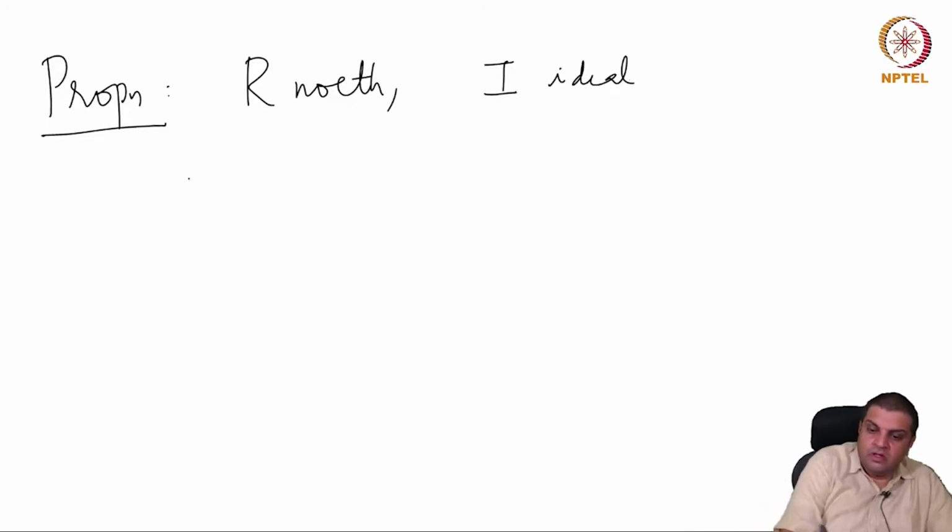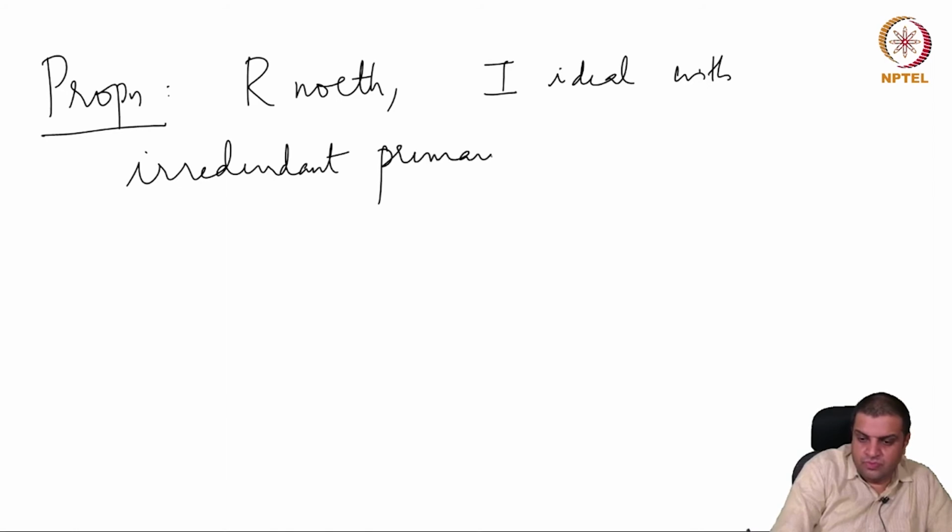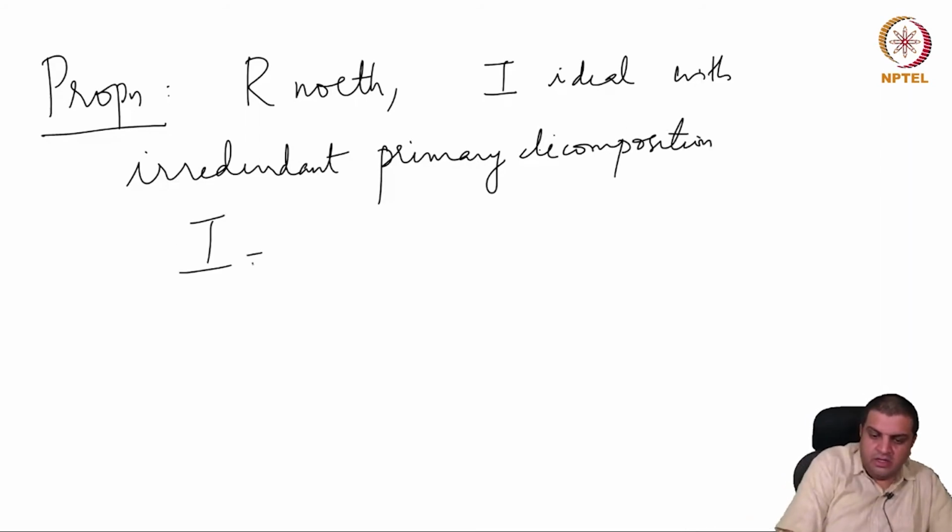Now take an irredundant primary decomposition of I as an intersection of Ji's, i goes from 1 to n.